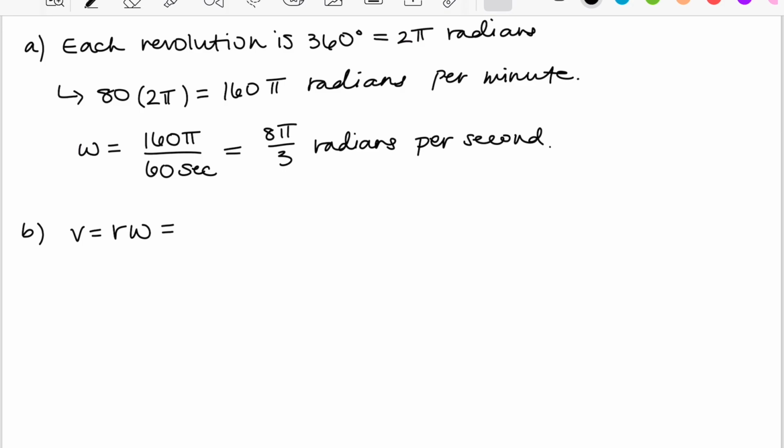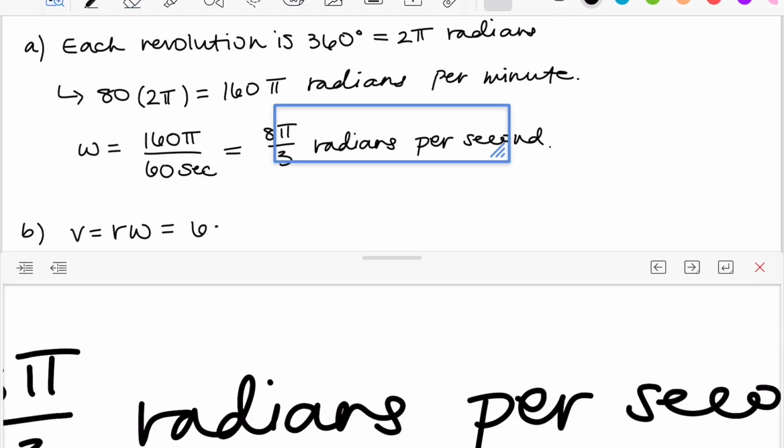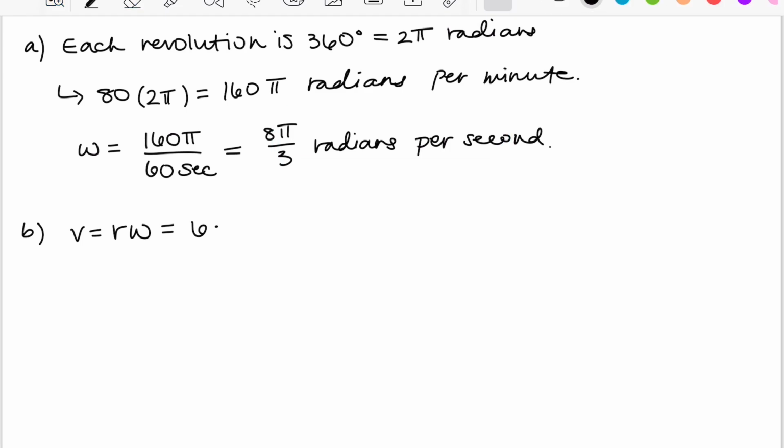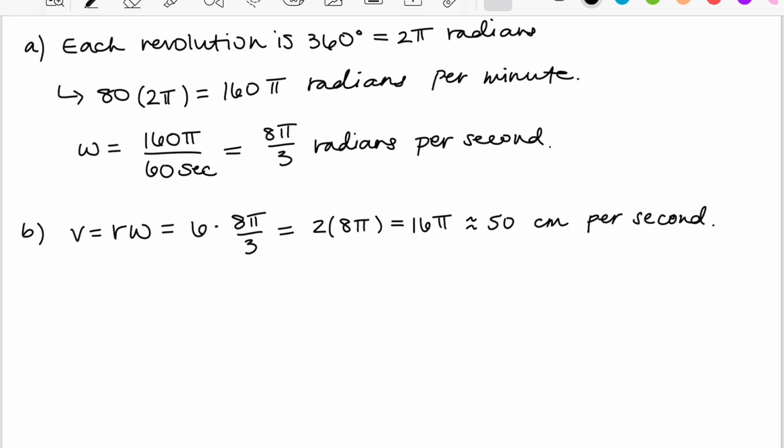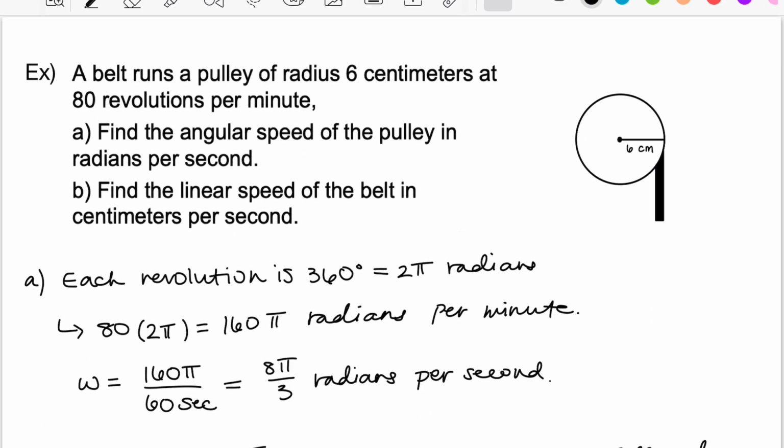We know that our radius, like we said, is 6 centimeters, so it'll be 6 times 8 pi over 3, that was the angular speed. This will be equal to 2 times 8 pi, so this will be 16 pi here, which is going to be roughly 50 centimeters per second. Alright, so that'll be it for this video.